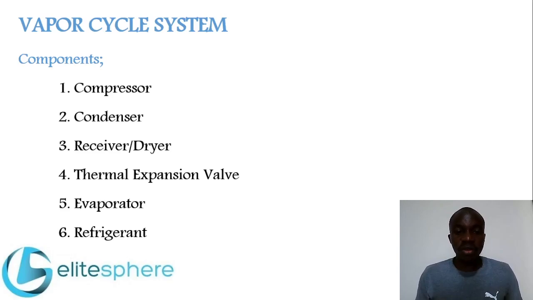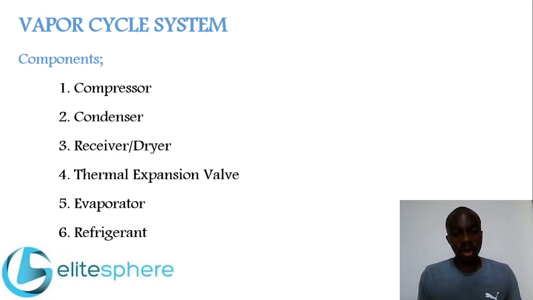In the thermal expansion valve, expansion takes place, and as you know, when expansion takes place, this liquid cools down further, and as it cools down, the pressure of the liquid also reduces. So the thermal expansion valve is where expansion and cooling of the refrigerant takes place.